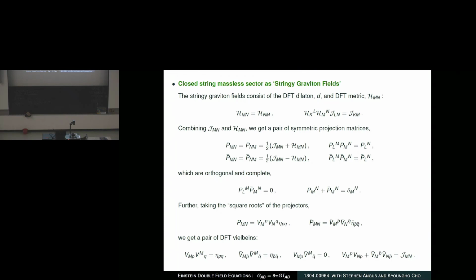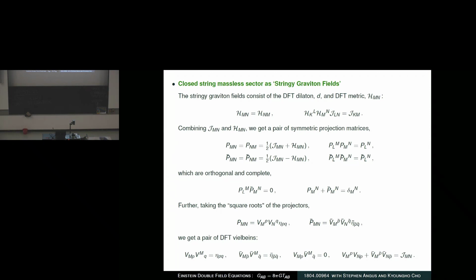This page shows what are the fundamental fields in double field theory, namely closed string metric sector as string graviton fields. So they consist of the DFT dilaton, denoted by small d here, and DFT metric calligraphic H. It's often called also generalized metric in the literature, and it satisfies two defining properties, symmetric and O(D,D) element.